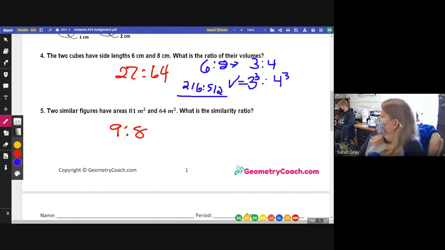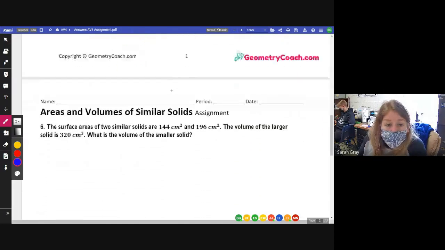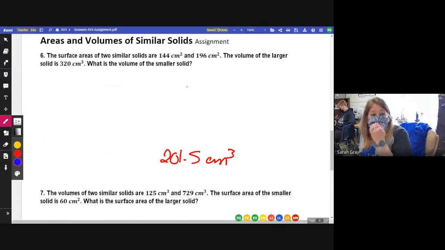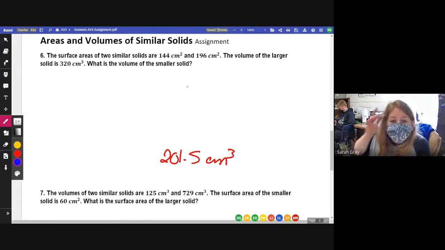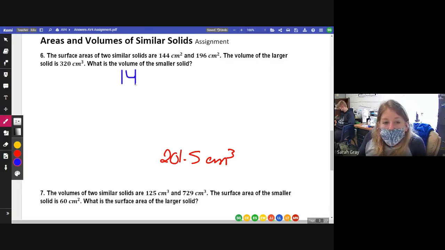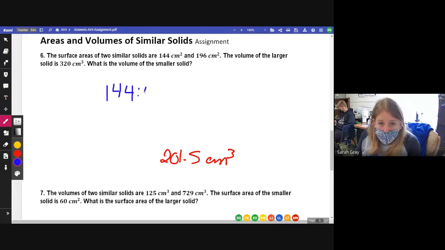Okay, any others? Lily? Number 6. Surface areas of 2 solids are 144 and 196. They're giving us the ratio of the areas, and we need the ratio of the volumes because that's what we're missing.